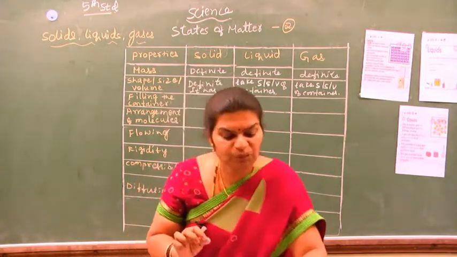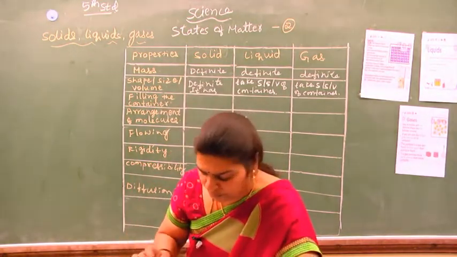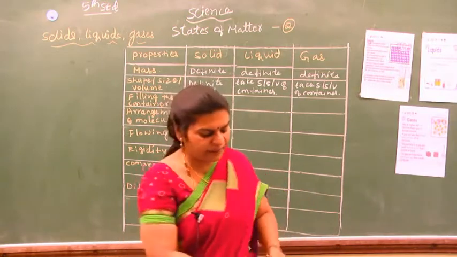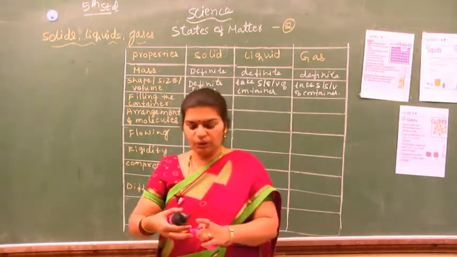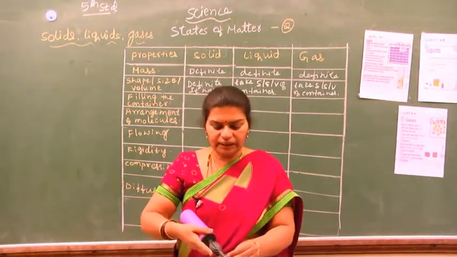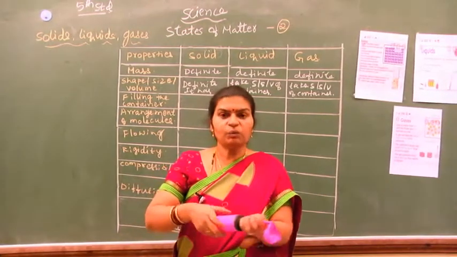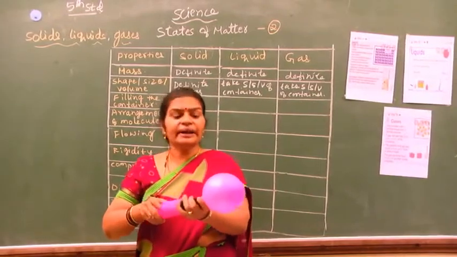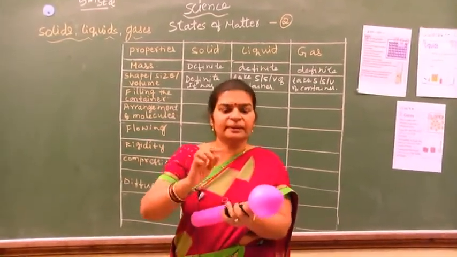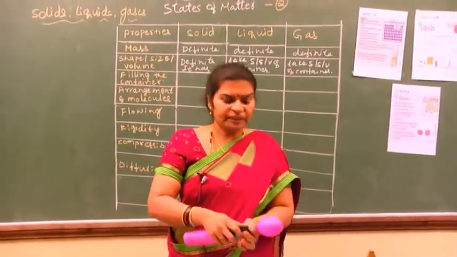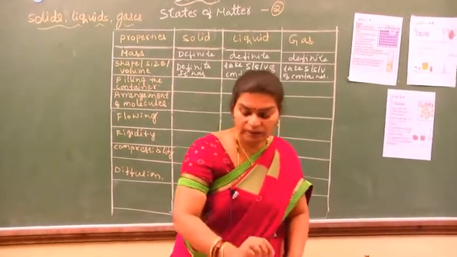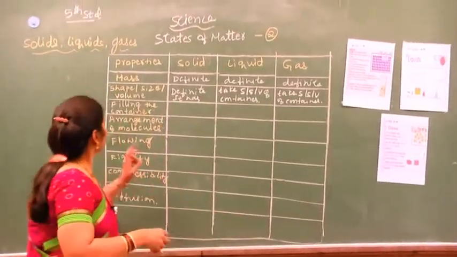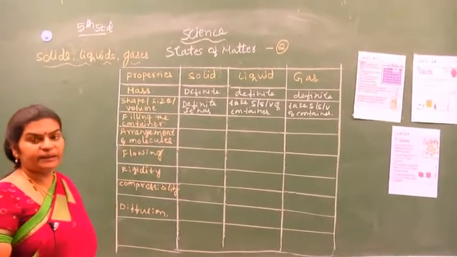In the same way, when we blow air inside a balloon, what do we see? We see that the air occupies the place inside the balloon. That is what we are going to study, filling the container.